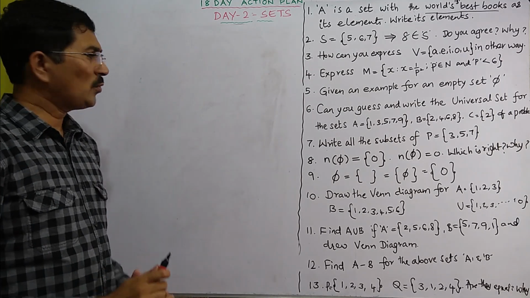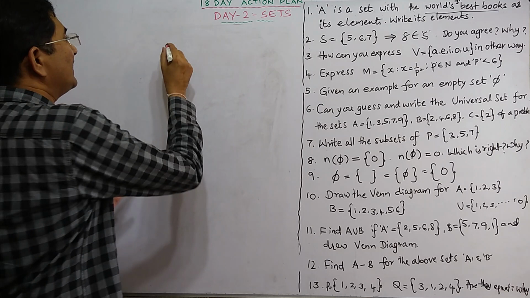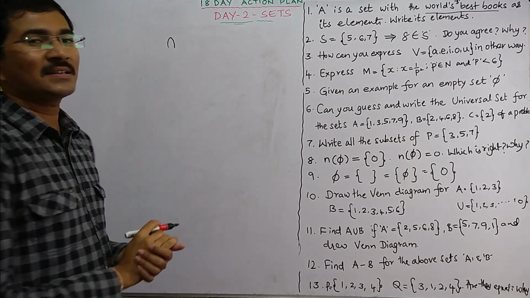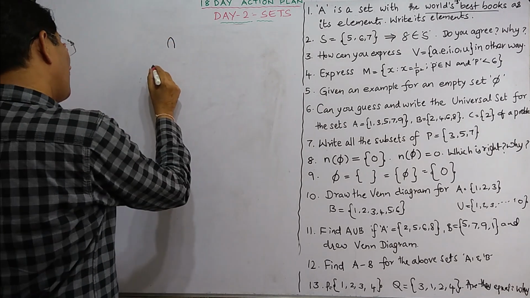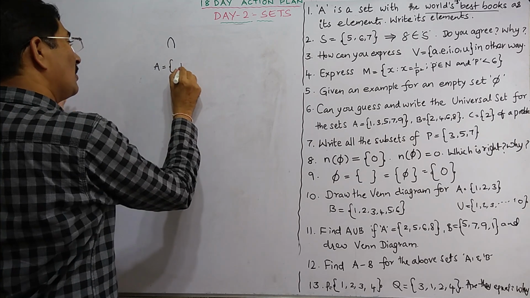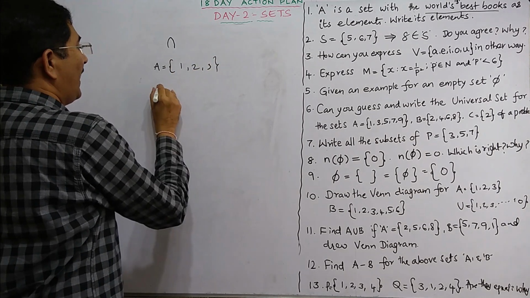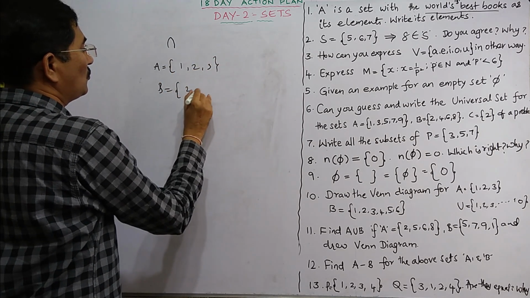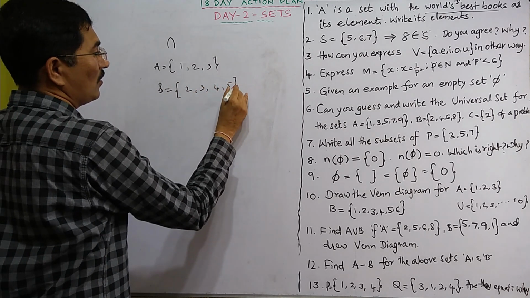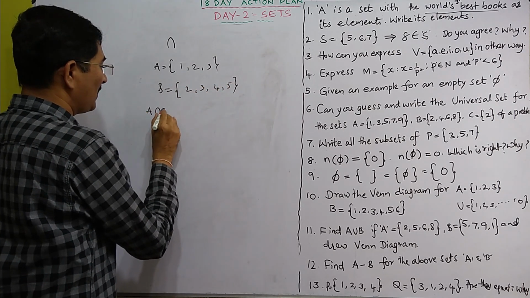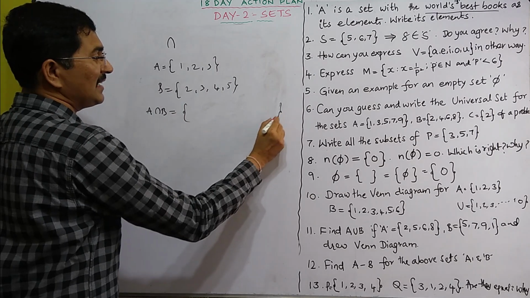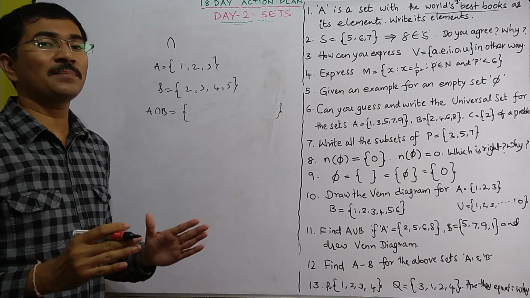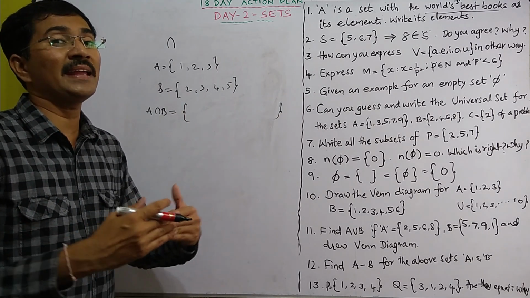We also have another operation, the intersection, nothing but cap. So for example, if A has 1, 2, 3 and B has 2, 3, 4, 5. Now what is A intersection B? As the name suggests, intersection means the area in between them, the common area between them.